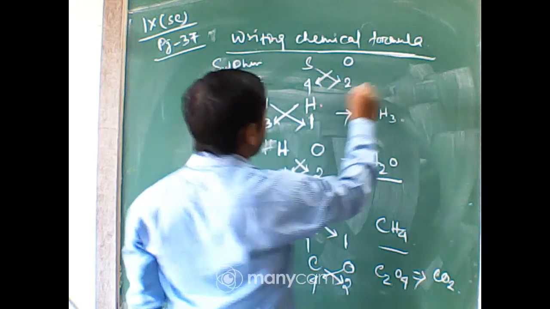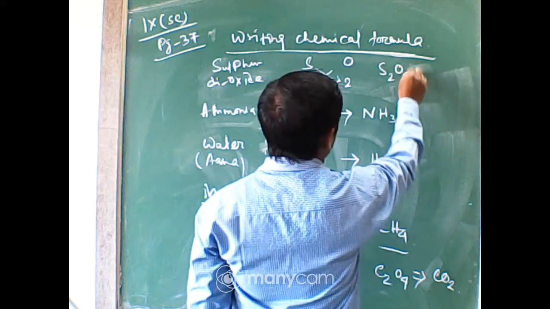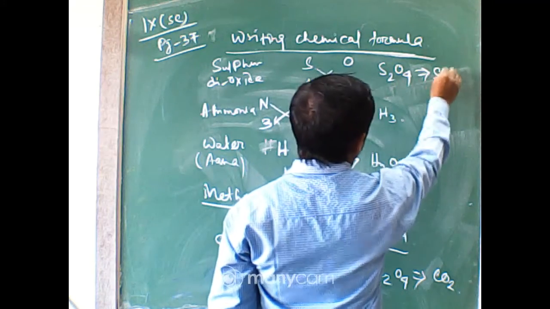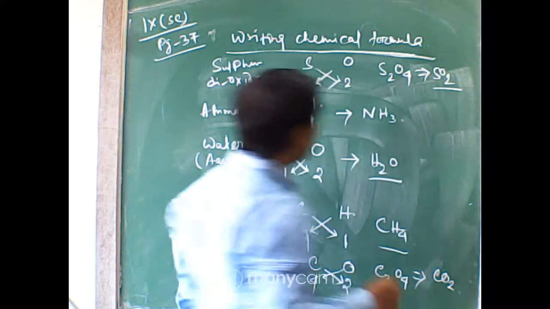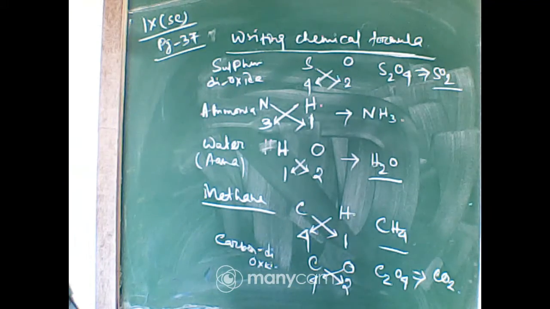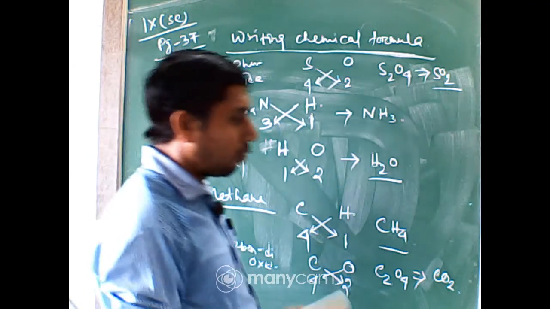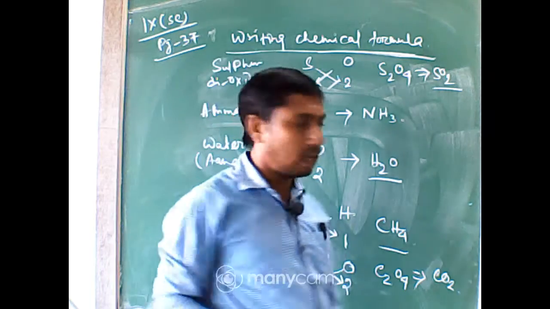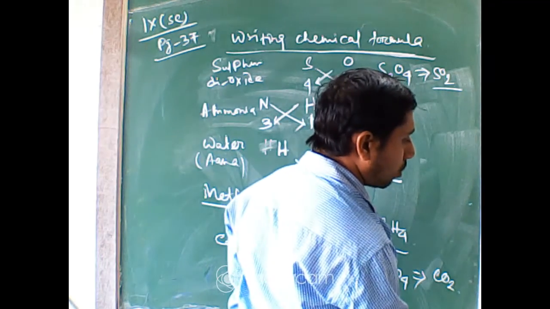Now, cross multiply it, S2O4, and then simplifying it, we will get SO2. Okay. So, these are the simple formulas. On the next day, I will discuss more formulas regarding that.